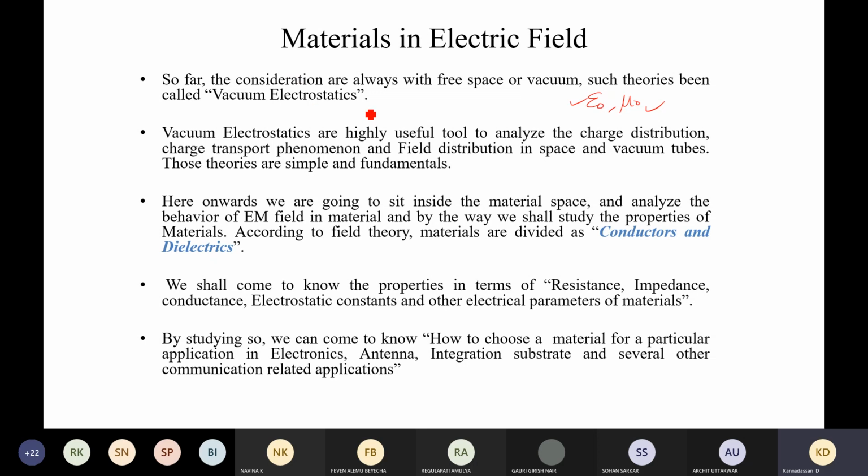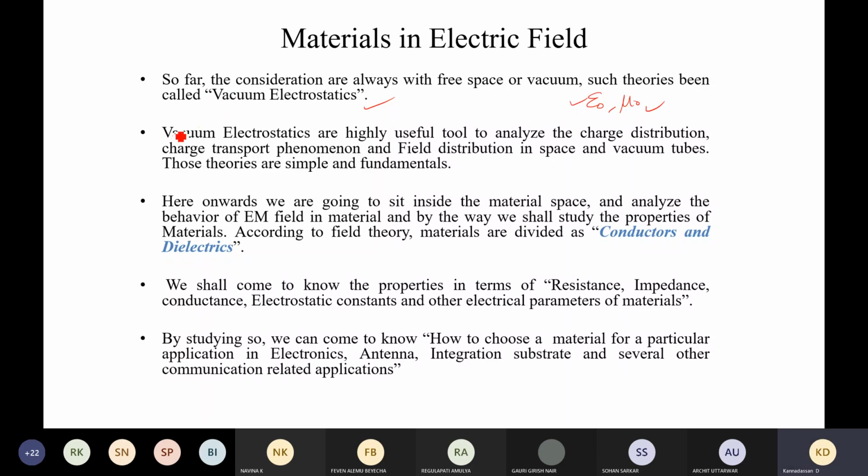That is often referred to as vacuum electrostatics. It is also very useful, for example when you go outside the earth, it is vacuum electrostatics you will study, and there are huge advantages there, at least in terms of electronics.